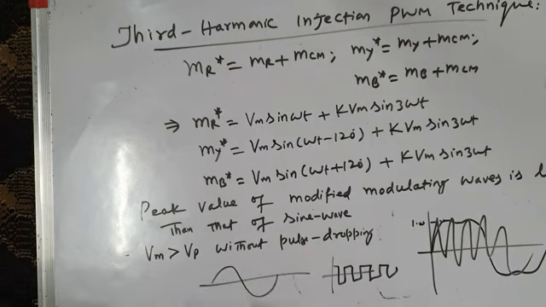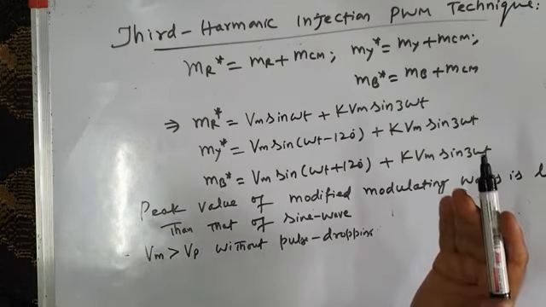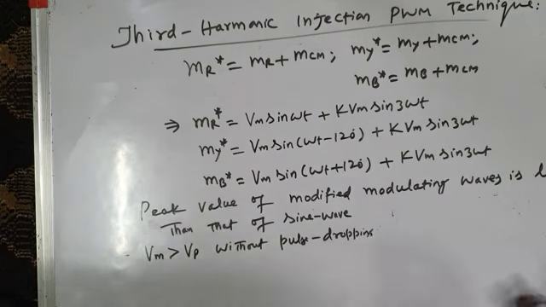The phase voltage, instantaneous average value, will also be sinusoidal. There is no pulse dropping, so no flat peaks. The peaks will vary sinusoidally in the line voltage as well as in the phase voltages. So actually we are making Vm greater than Vp; that is, the original modulating wave goes greater than Vp. It is in overmodulating mode. But the modified target reference wave's peak is equal to Vp, not greater than Vp. So there is no pulse dropping taking place at all.